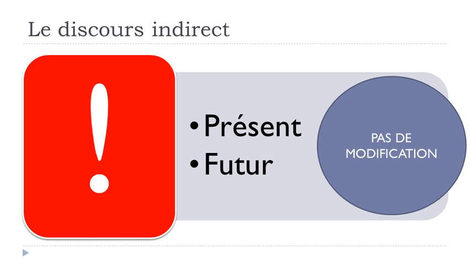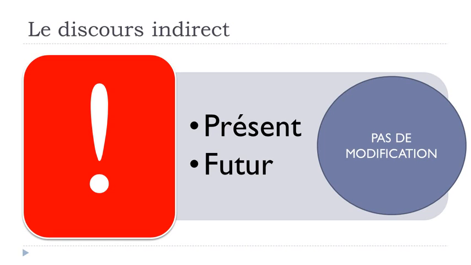Okay, so that's the rule. If the verb that introduces this structure is at the present form or the future form, then you don't modify the verb after, which is quite good news.